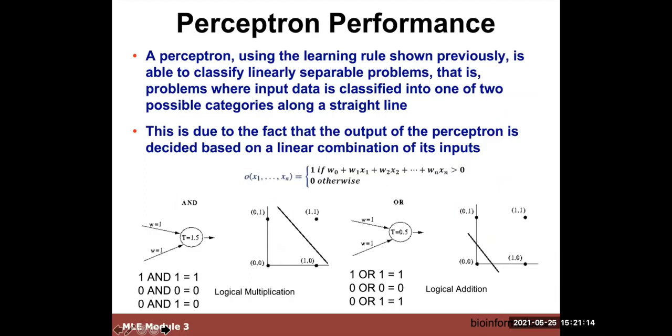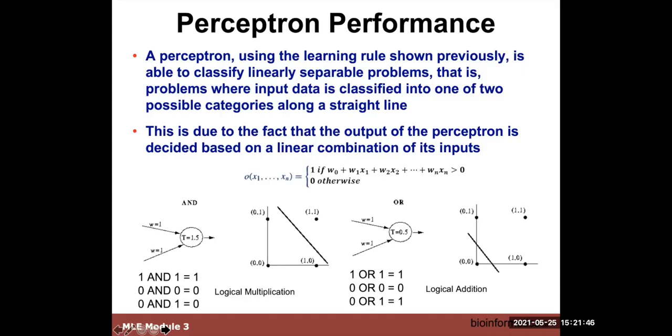So what the perceptron is able to do is essentially perform logical operations like AND, OR. Those AND, OR operations are useful for what are called linearly separable problems. So it's putting something on either side of two categories in a straight line. So in that regard, a perceptron is just a linear combination of inputs.